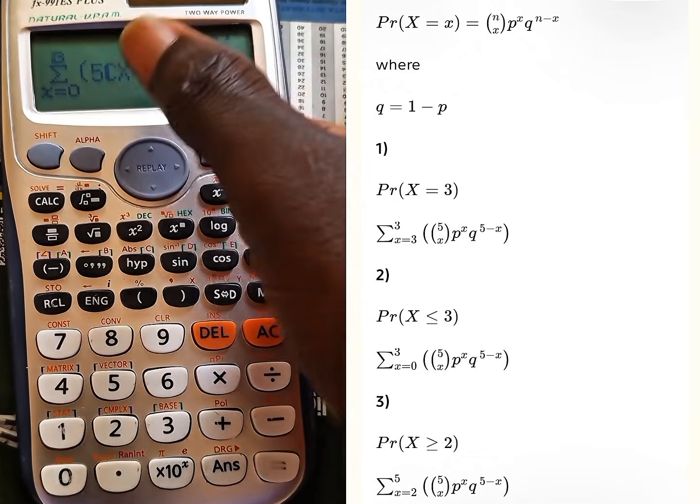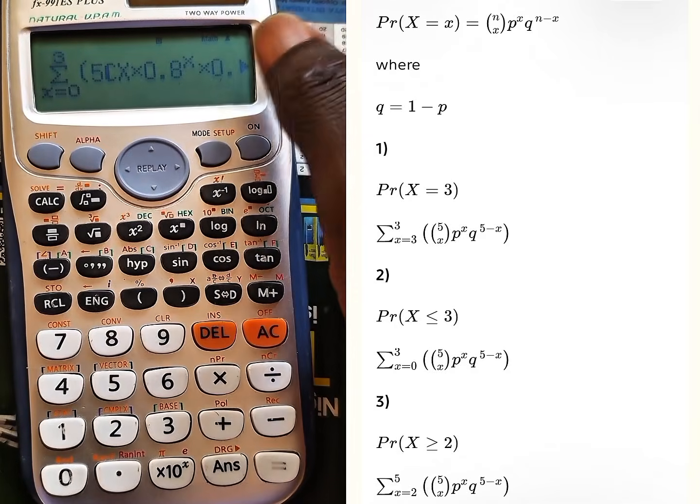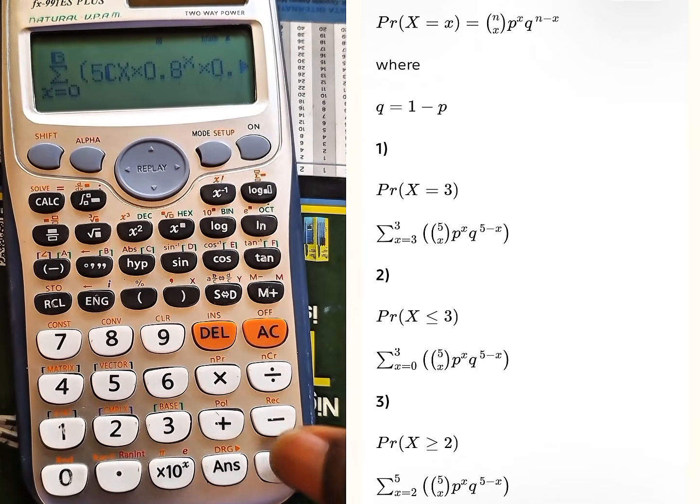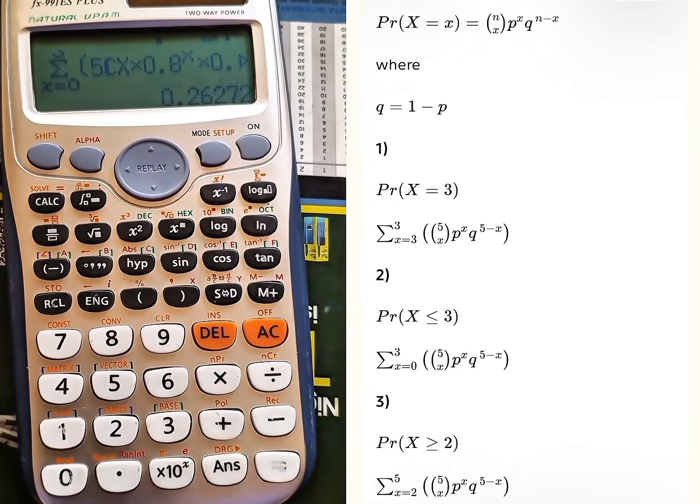When we put our range of values from 0 to 3, every other thing remains. We press equals, and the answer we got is 0.2627. This is our probability for getting at most 3 people.